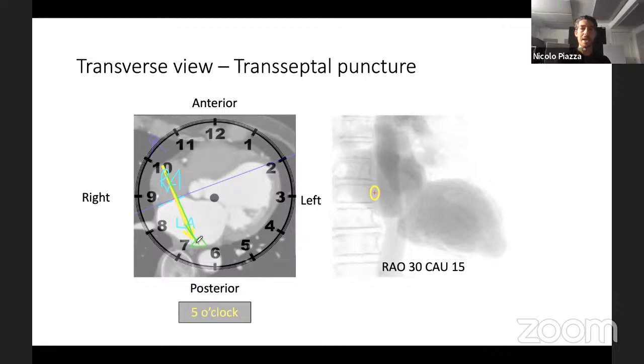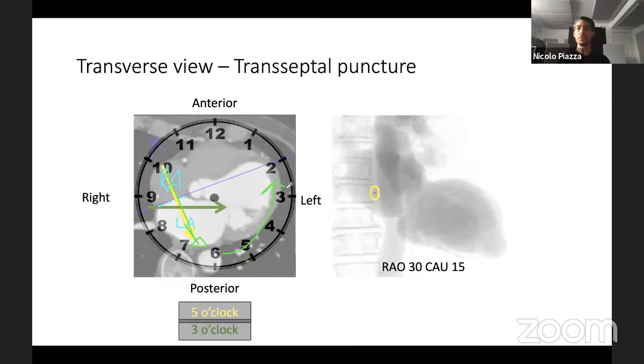Once you get into the left atrium, we always tell people you have to counterclock towards 3 o'clock. Why do we counterclock? Because we get off the posterior wall, because we might want to get towards the mitral valve.